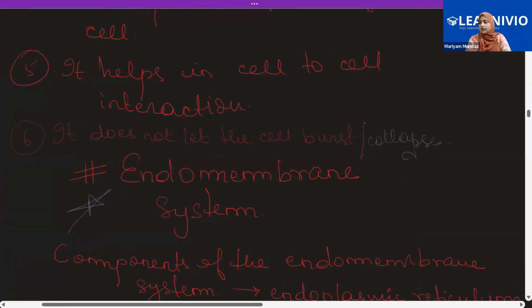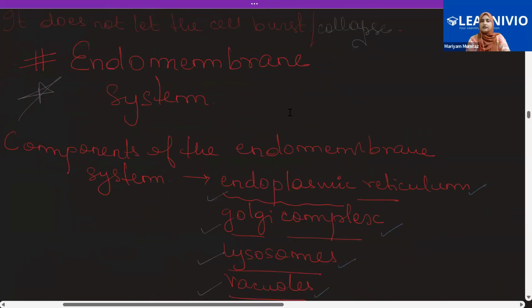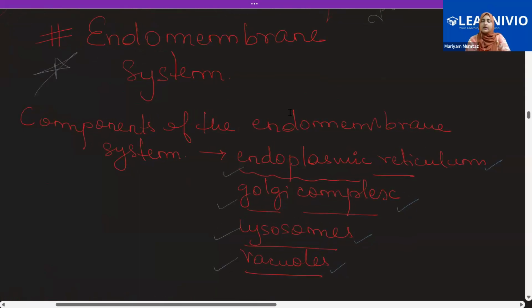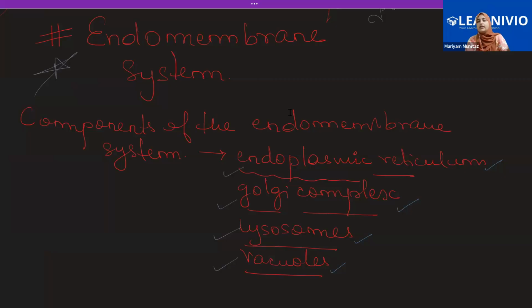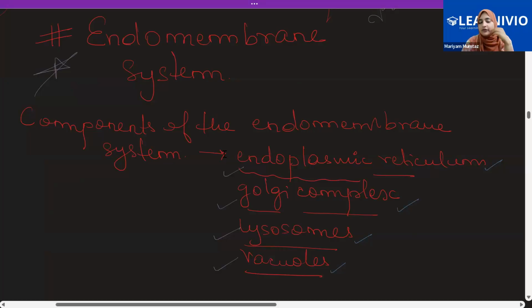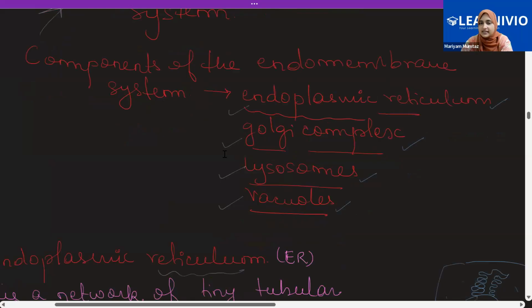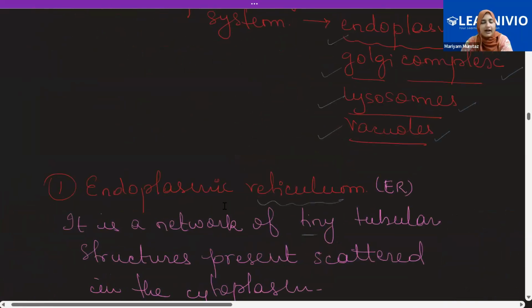All right, so after that, the next component of the eukaryotic cell is the endomembrane system. The endomembrane system consists of different types of cell organelles that are connected together. Its components are the endoplasmic reticulum, Golgi complex, lysosome and vacuole.